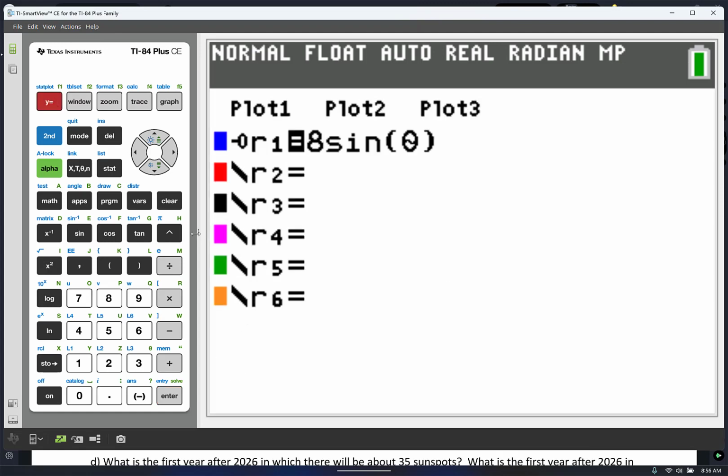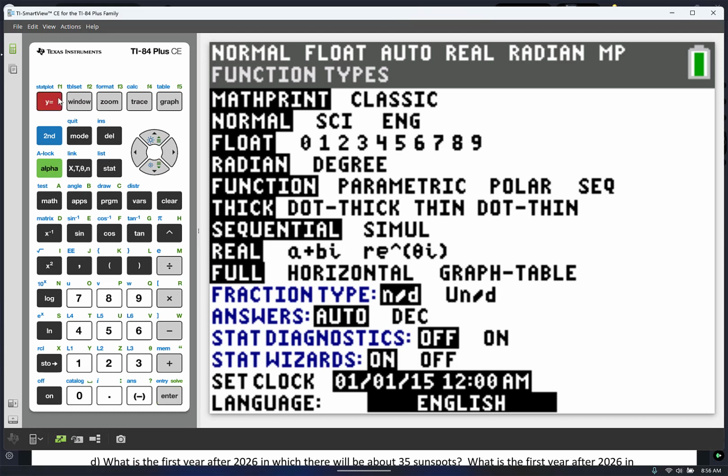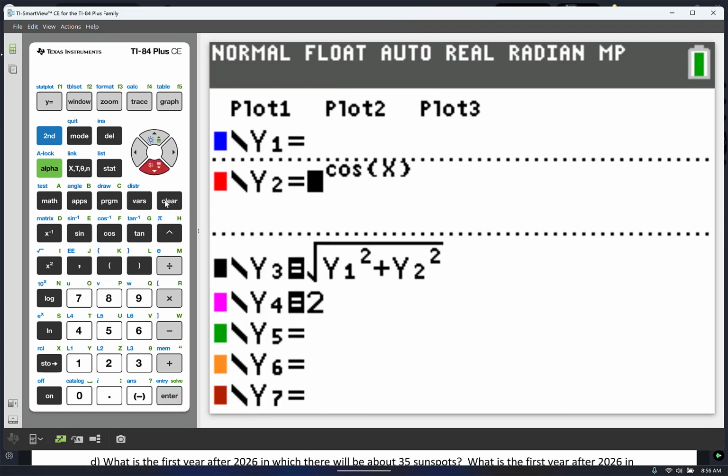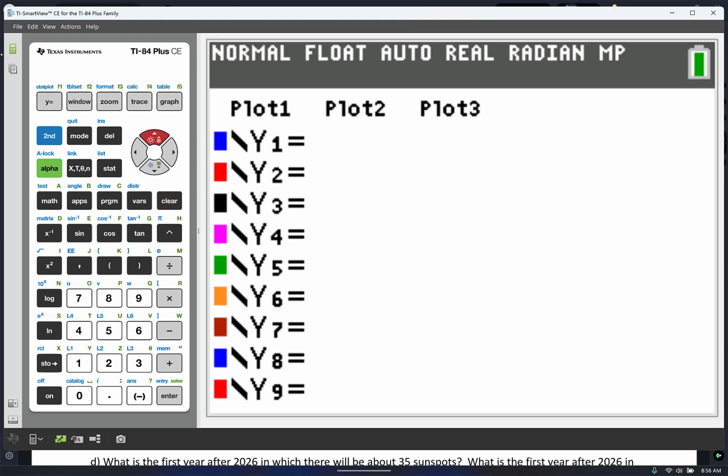Y equals. Oh, I'm still in polar mode. Let me function. Clear. Sorry, we have a lot of calculus stuff here. All right, let's see.